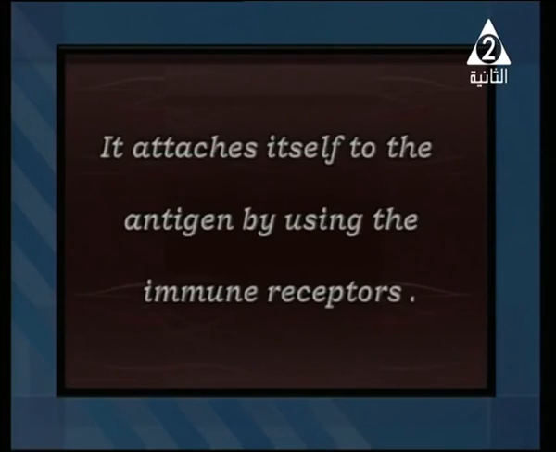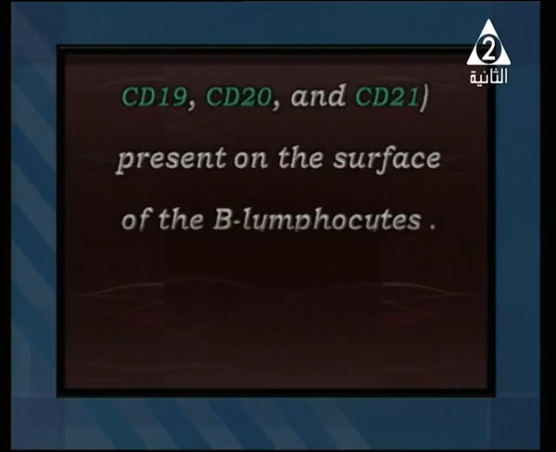Number one, it attaches itself to the antigen by using the immune receptors. So number one, attachment, by using the immune receptors. After that, number two, these receptors are CD19, CD20, and CD21, which refer to the clusters of differentiation that already exist on the surface of the B lymphocyte.